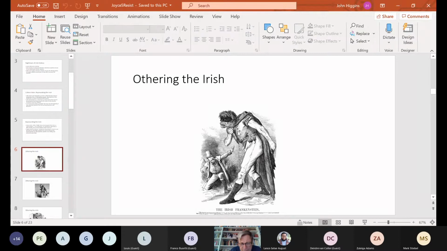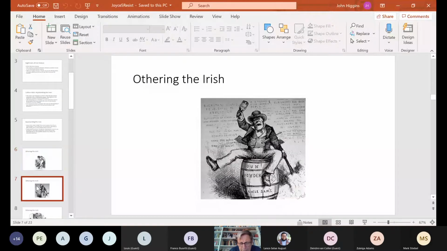Here we have the Irish Frankenstein, an ape-like figure ready to perform violence on the terrified John Bull-like Englishman. We have the drunken, also ape-like Irishman in America, ready to do all kinds of damage with gunpowder, Uncle Sam's gunpowder, and wielding a bottle of probably whiskey, I imagine.